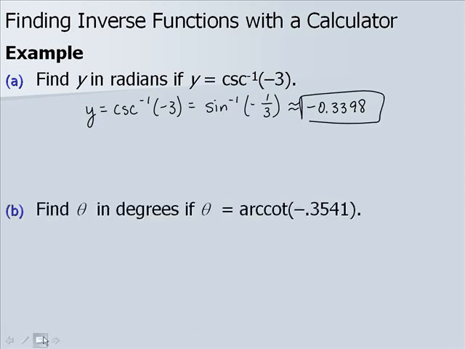In this next example, we want to find theta in degrees if theta is equal to the arc cotangent of -0.3541. So we know that the arc cotangent of our value is equivalent to the arc tangent of 1 over our value.